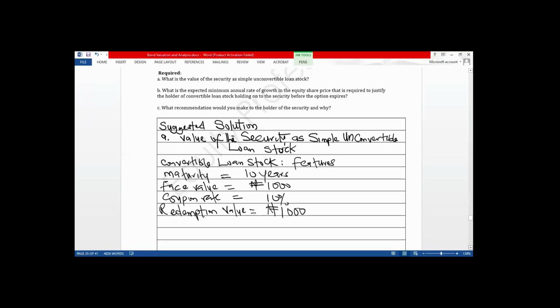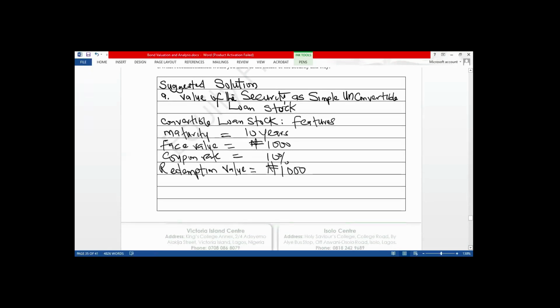Next is to determine the expected cash flows from the bond. Our working one. Expected future cash flows. You start with annual interest.